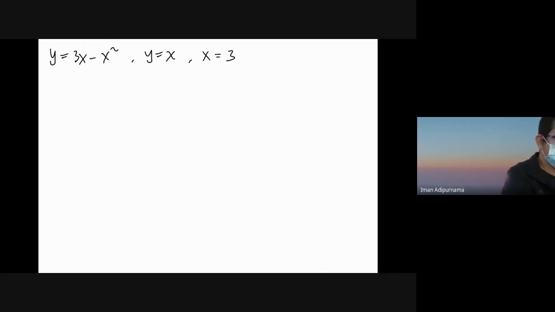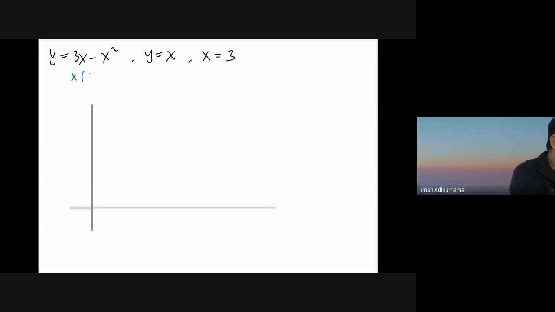Okay. The second one is y equals 3x minus x squared, y equals x, and x equals 3. Okay. We can start with, let me just remind that this is x times 3 minus x.